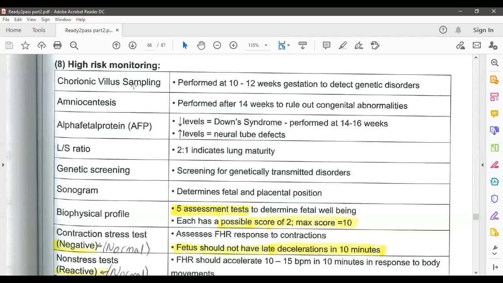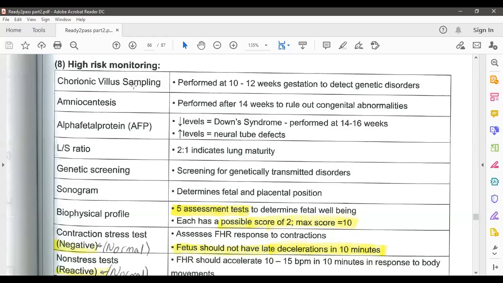So chorionic villus sampling means a portion of the placenta is aspirated through a catheter or syringe to assess for chromosomal abnormalities. An ultrasound guided catheter or syringe is passed, collects the tissue from the placenta, and it is analyzed to exclude chromosomal abnormalities.